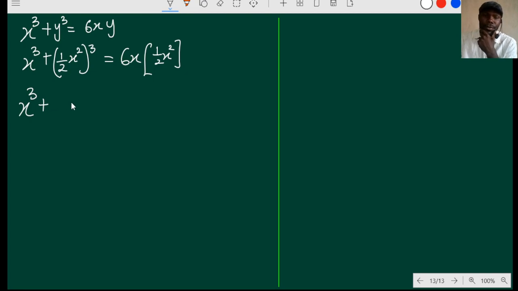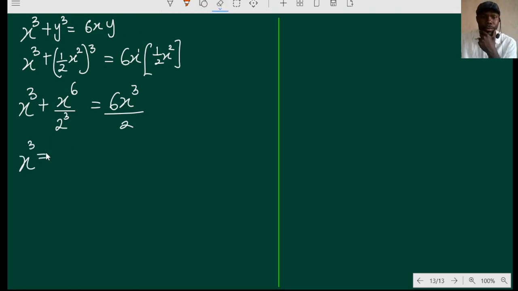We have x cubed plus x to the power 6 over 2 cubed, which is 8, is equal to 3x cubed.